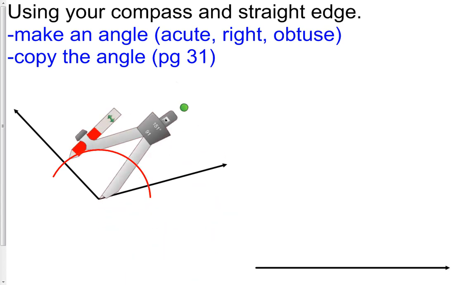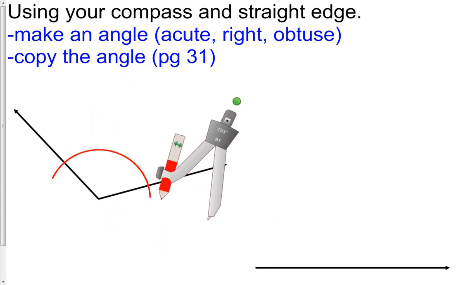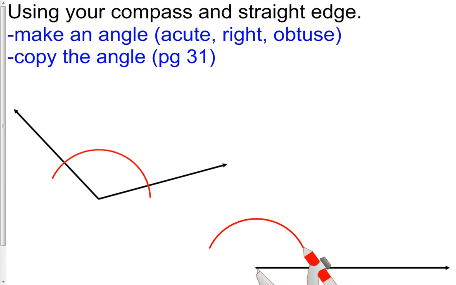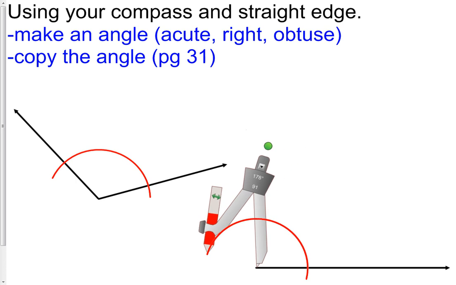And now we're going to use this same compass setting, go to the end point of this ray, and also draw a decent size arc with that same compass setting. It's for sure going to intersect this ray. And then make it pretty decent over here as well.